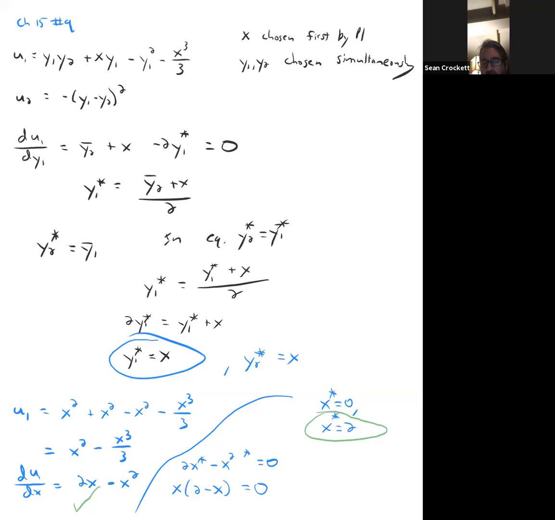Maximize that, and that's just a one-dimensional problem. And so we end up with x equals 2, and so the final solution would then be x star equals y1 star equals y2 star equals 2. Everybody's picking 2 for all 3 of the choice variables.